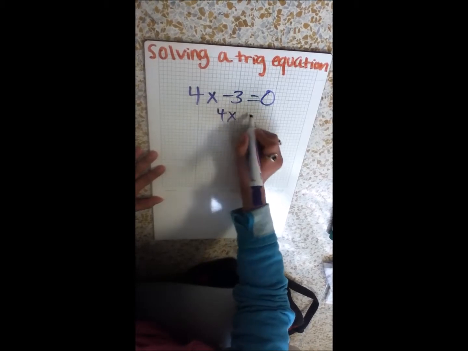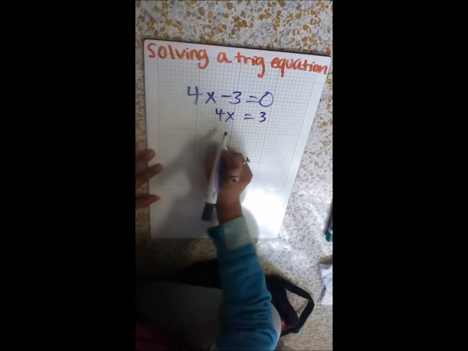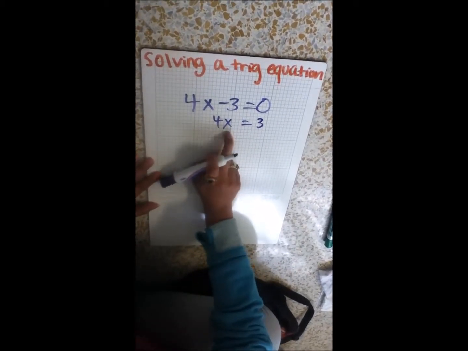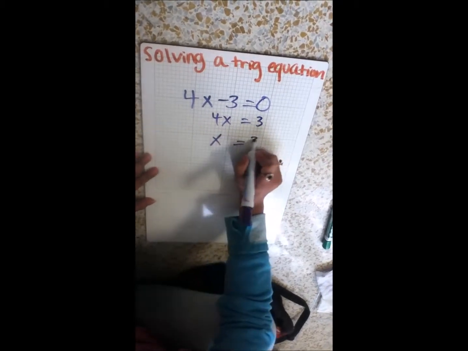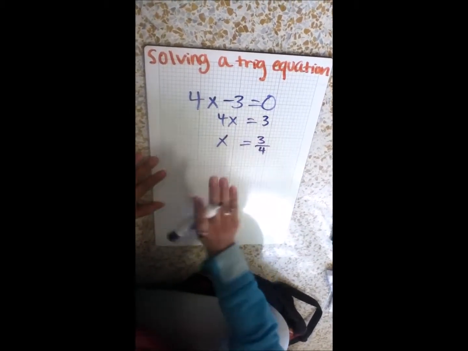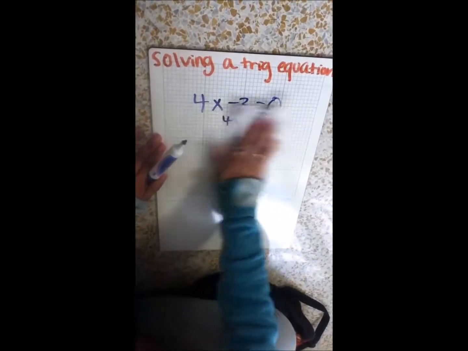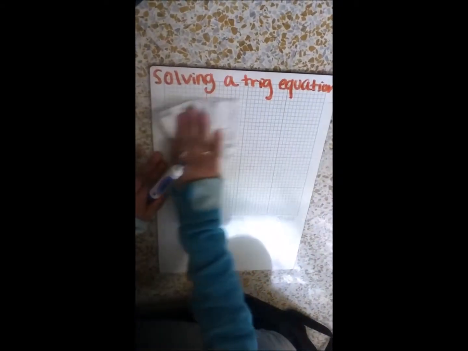You were left with 4x equals 3. Now, to isolate x, you have to divide by 4. So you're left with x equals 3 over 4. Keep this method in mind because it's really similar to solving a trig equation. You use the same method.